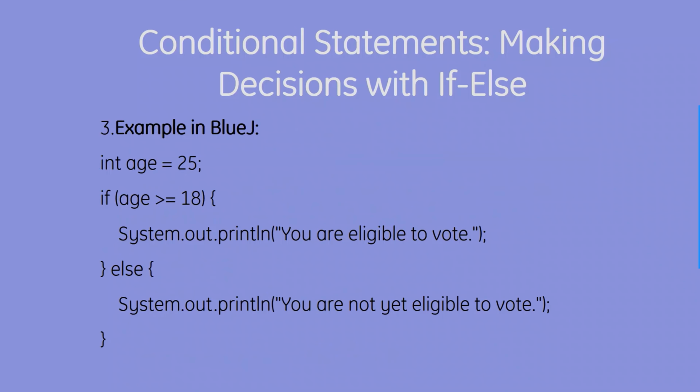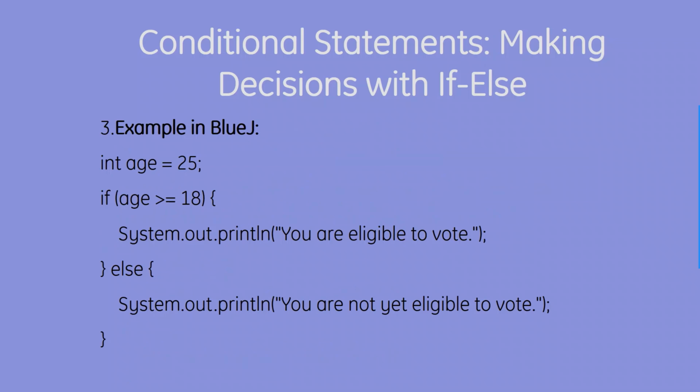It's the same format. Moving on, you can see an example in BlueJ. It's a small program. Firstly, we have declared the age value. It's an integer value of age, which contains 25. If age is greater than or equal to 18, System.out.print, you are eligible to vote. Else System.out.println, you are not yet eligible to vote.